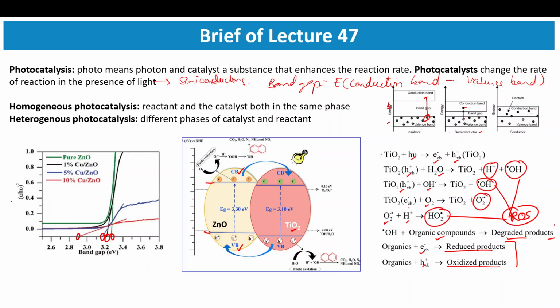So when you have a plot of alpha, the absorption coefficient, multiplied by the photon energy, versus this energy, depending on the material you will get some plot. So this is the linear region of your plot or the spectrum.